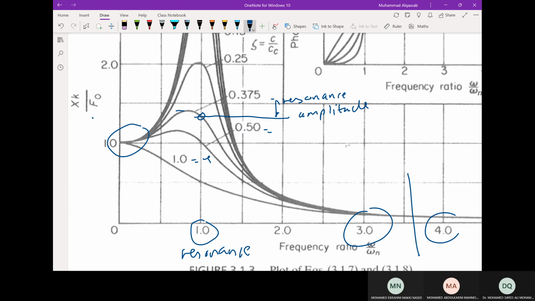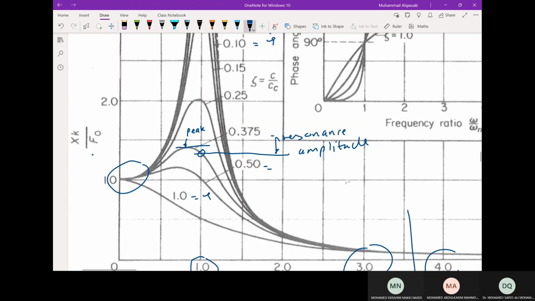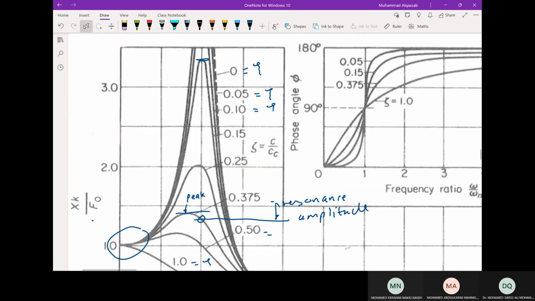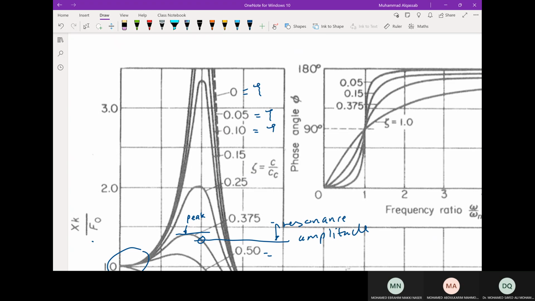And this is called peak amplitude, the maximum. And the maximum occurs before resonance, just before resonance. But for zeta very small, the peak and the resonance amplitude are the same, because the effect of damping here is very small.